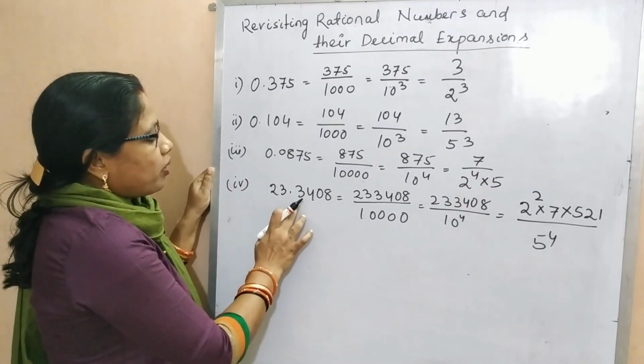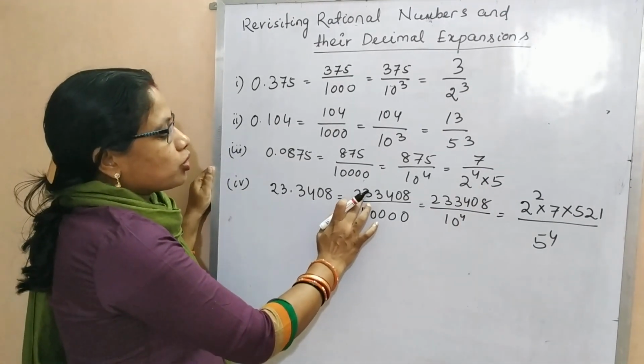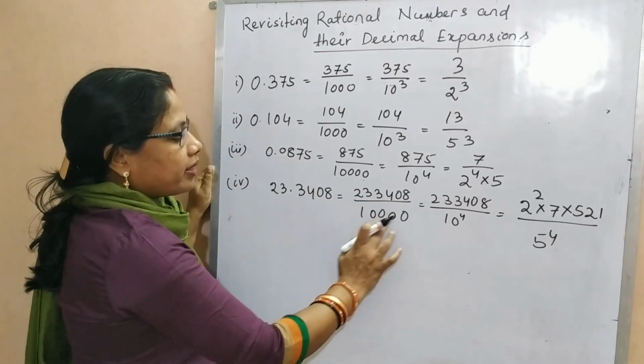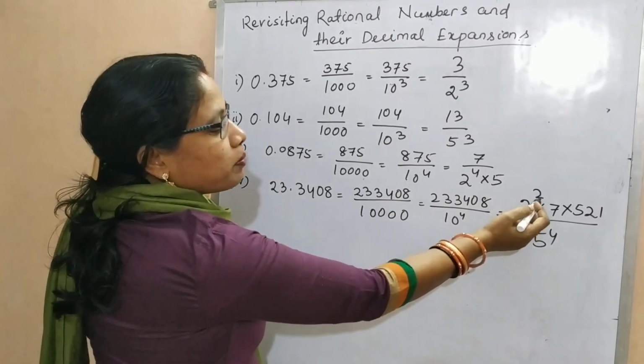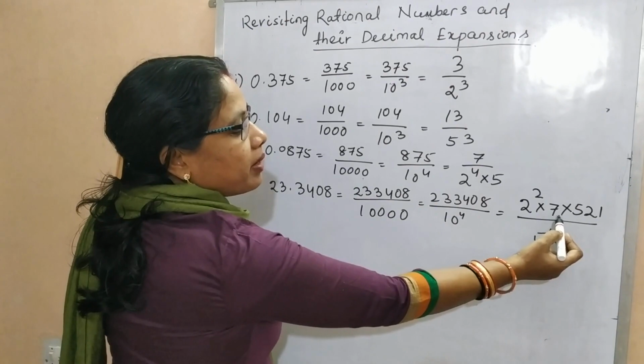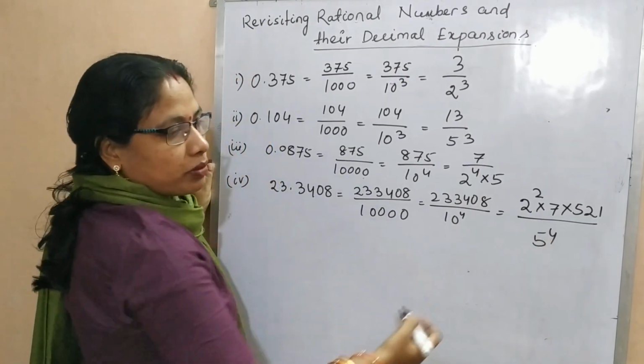Then 23.3408. Its rational expression is 233408 divided by 10,000 and its lowest form is 2 to the power 2 multiplied with 7 multiplied with 521, divided by 5 to the power 4.